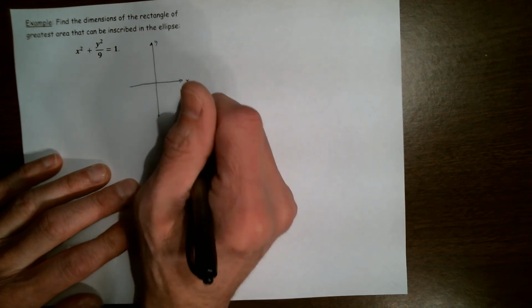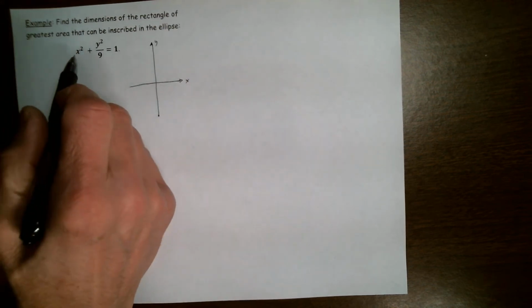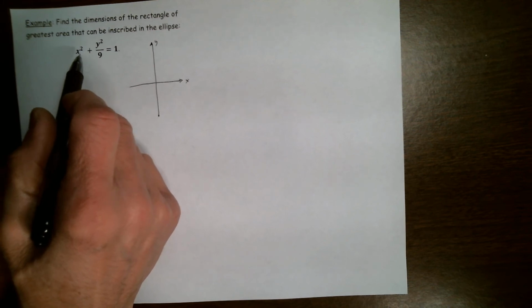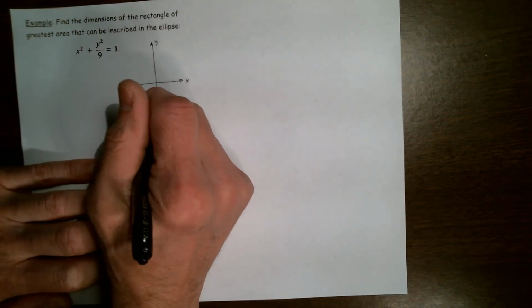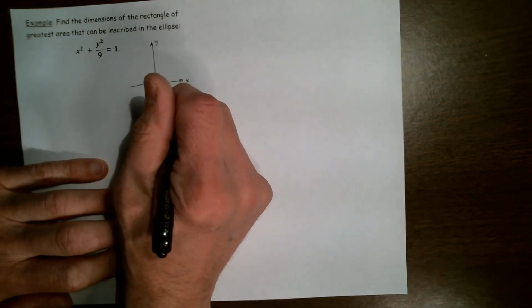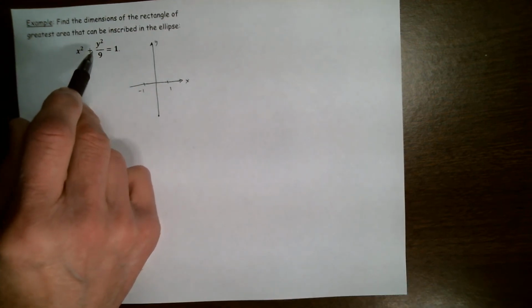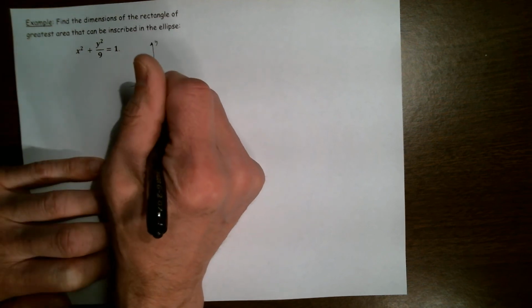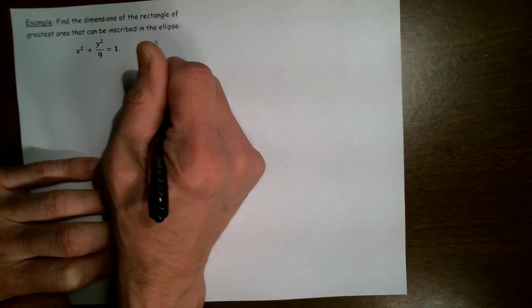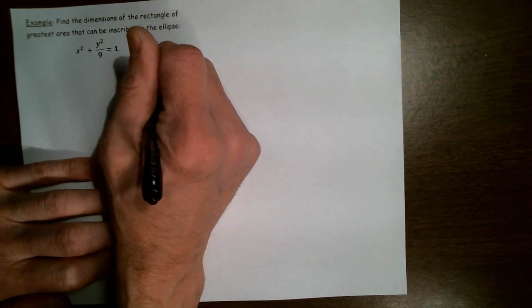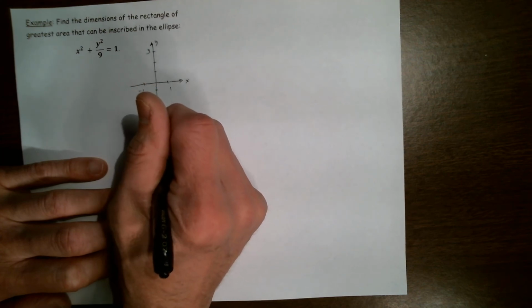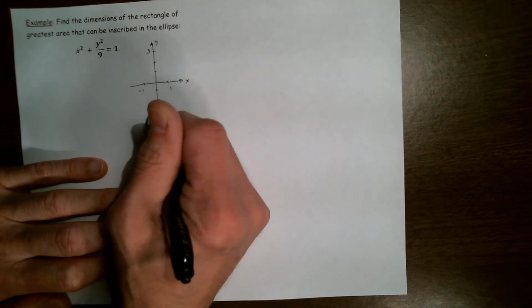and we know that the x-intercepts will be at plus or minus 1. And so here we indicate those values on the x-axis, right? If y is either plus or minus 3, then x is 0. Therefore, we have those two y-intercepts, plus 3 and minus 3.